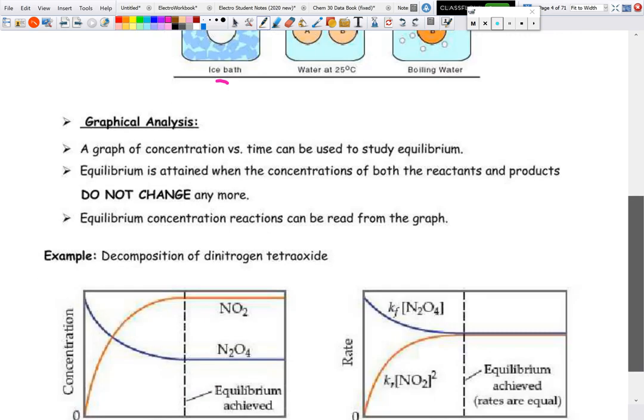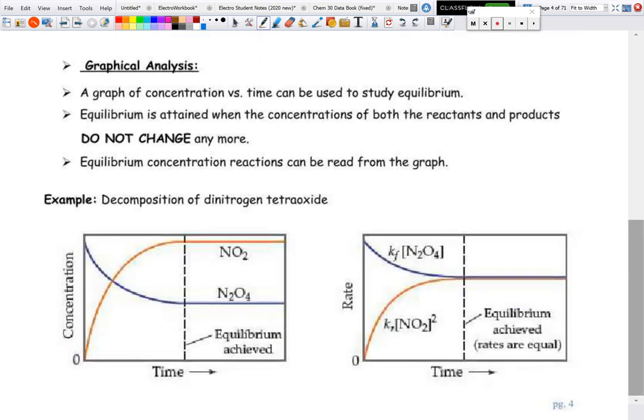Now we can also represent equilibrium in graphical analysis as well. We can graph concentration versus time to study equilibrium. Equilibrium is attained when the concentrations of both the reactants and the products do not change anymore. So for example, in our first graph right here, concentration versus time, we're still following NO2 and N2O4, right?